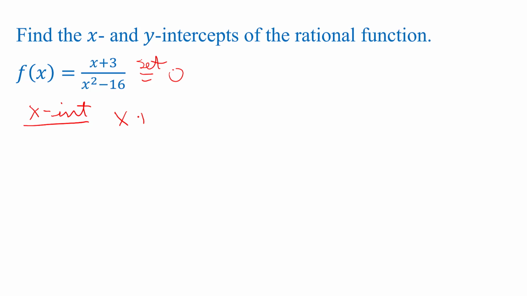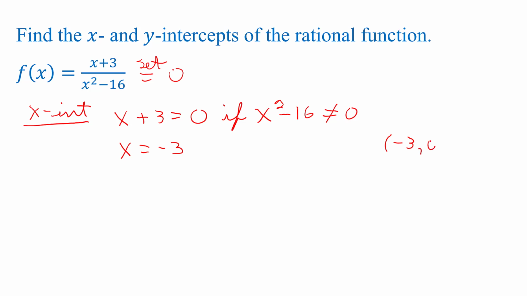So we're looking where x plus 3 equals 0, as long as that doesn't cause the denominator to be 0. As long as x squared minus 16 is not equal to 0, that's no problem here. If x equals negative 3, that does not cause the denominator to be equal to 0. So I have one x-intercept at the point negative 3, 0.